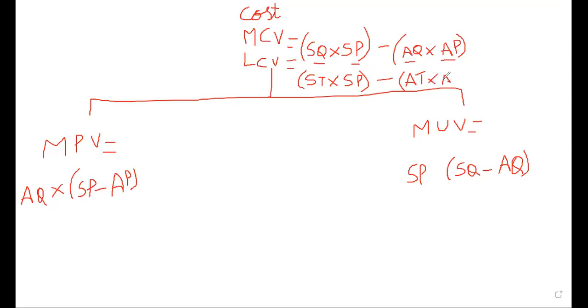Then in place of material price variance, we call it as labor price variance. So here wherever M is there, we would replace it with L. So wherever quantity is there, we will call it as actual time into the standard price minus actual price. That is for labor price variance, standard price minus actual price.